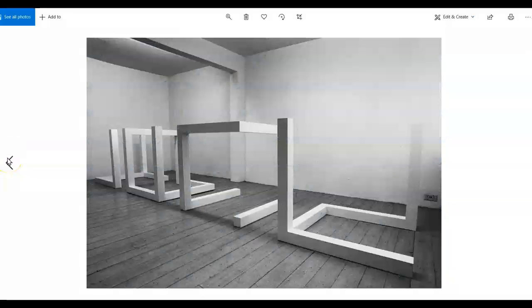This is Sol LeWitt. I don't have the name for this piece, but he was dabbling in all that minimalist stuff in cubes and things like that, and was very interested in materials. In this case, you can see he's got these geometric elements that are insinuating cubes, right?